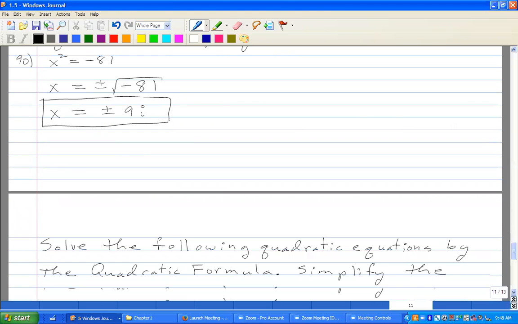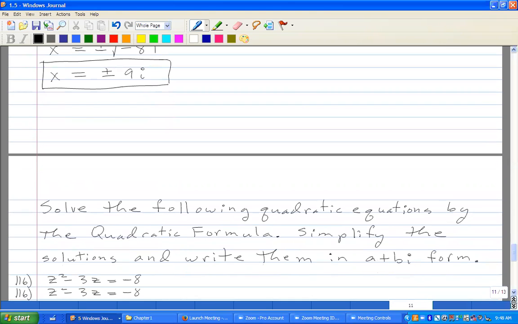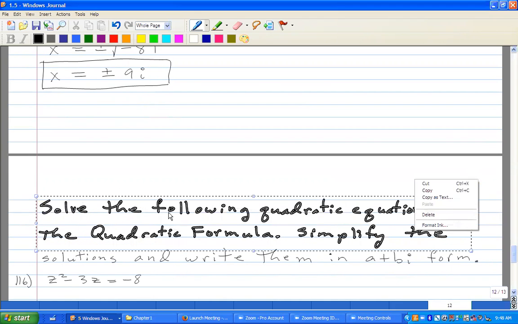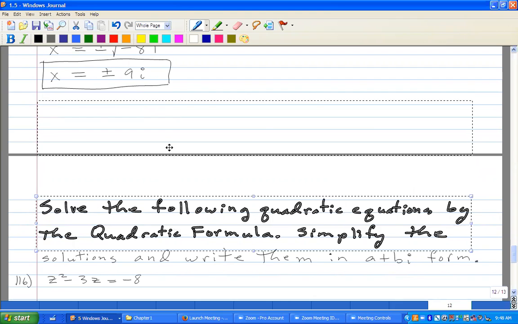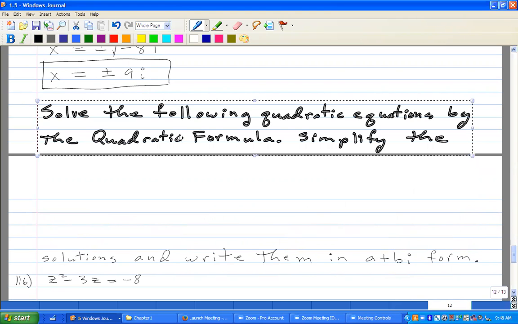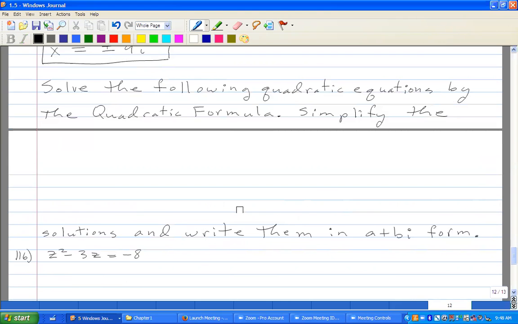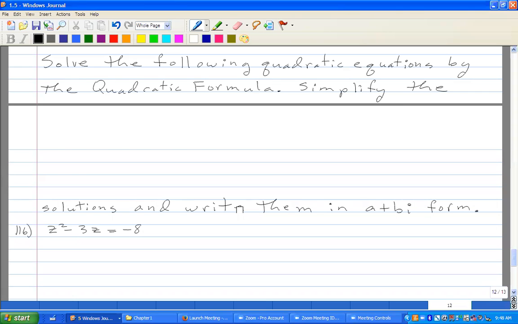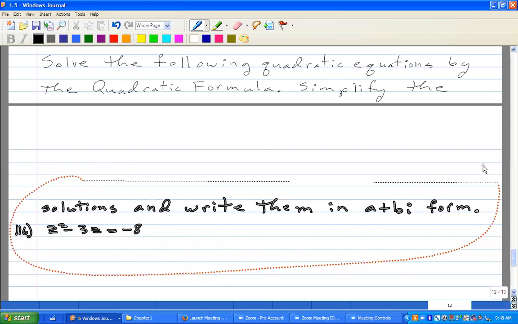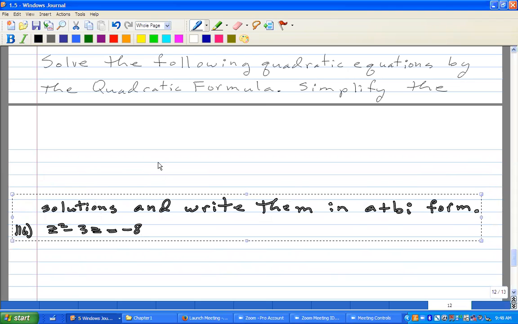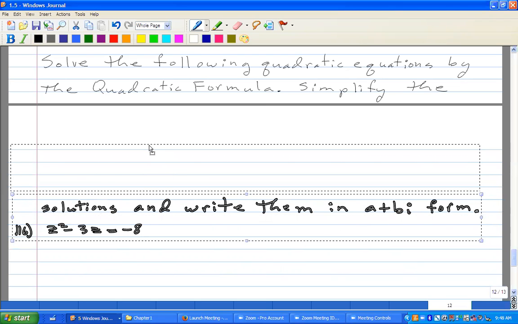Let me do problem 116. Solve the following quadratic equation by using the quadratic formula. Simplify the solutions and write them in the standard form, a plus bi.